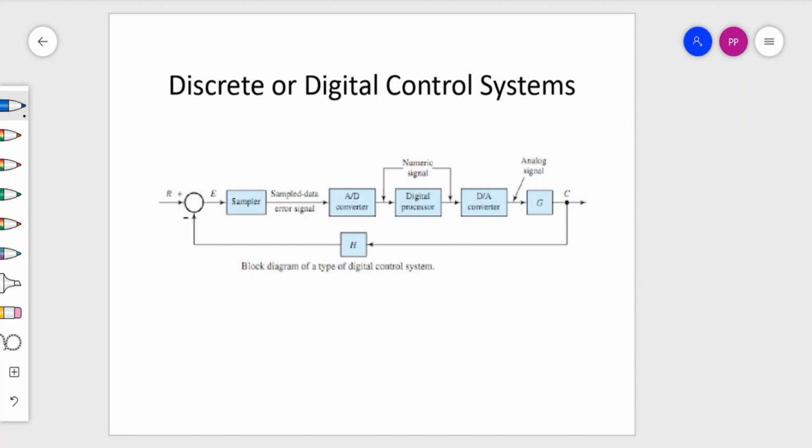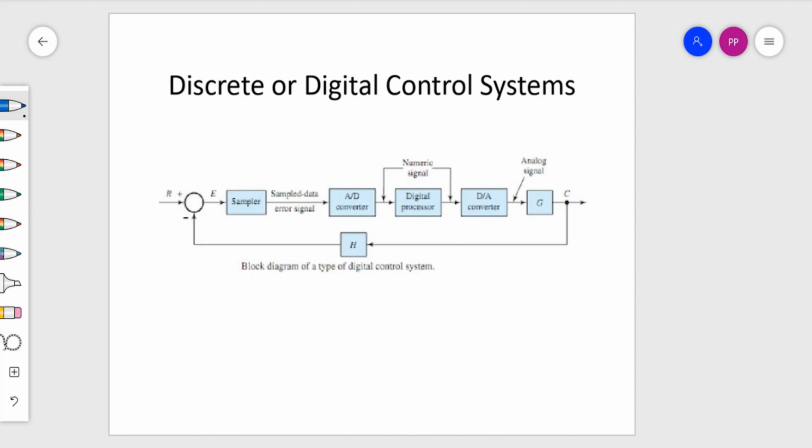In the digital processor we will process the signal to develop a modified signal, which will basically be the control signal. The developed signal as the output of the digital processor will go into the digital to analog converter, because we have to actuate a component of the plant which will actually control the physical activities.